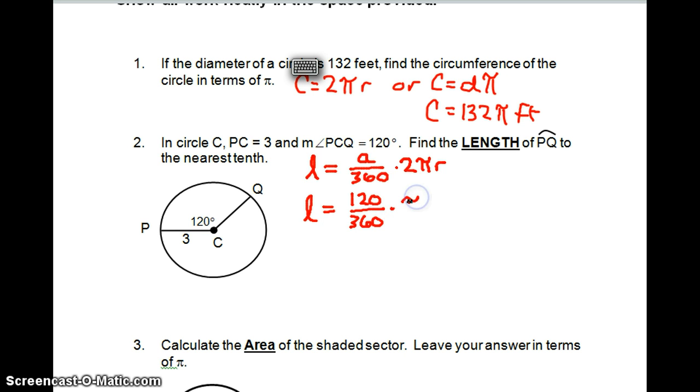times 2 pi, and the radius is 3. Plug that into our calculator.